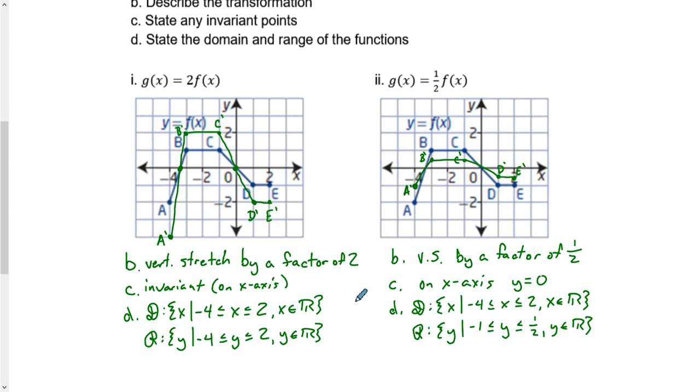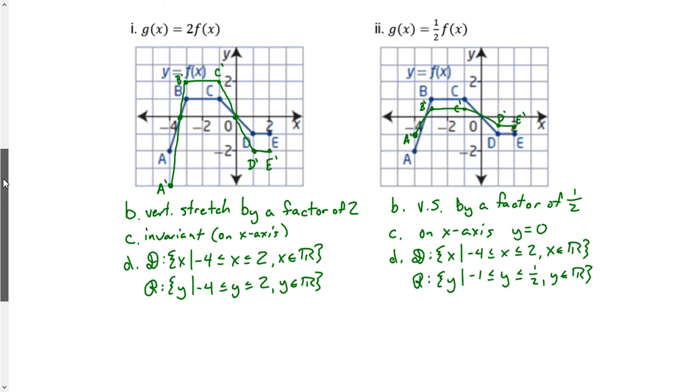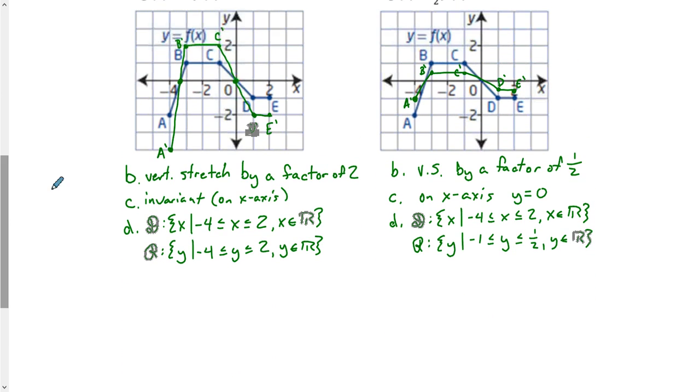Again, you'll notice that the x values are still the same on both of them. It doesn't matter what kind of vertical stretch it is. The only thing that's changed is the y's. Now, the question doesn't actually say it, but I would actually like to do a little bit of mapping notation too, just to get into the habit of it. Since the only thing that's changed in either of these is the y's, when we do mapping notation, the x's stay the exact same.